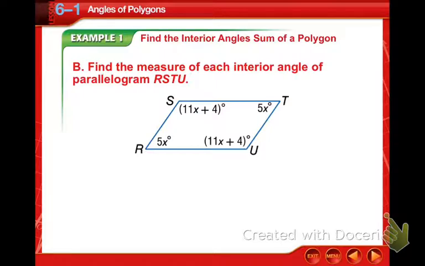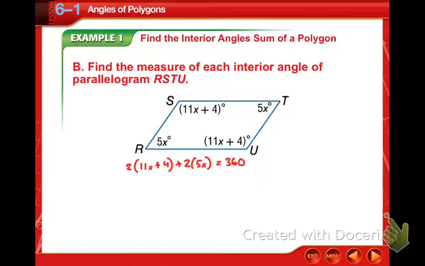And by add these up, I mean we're going to multiply each one by 2, because there are 2 of each of them. So 2 times (11x plus 4) plus 2 times 5x. That makes it a little bit shorter so we don't have a bunch of stuff to combine. And that is equal to 360. Now we multiply the 2's in here.